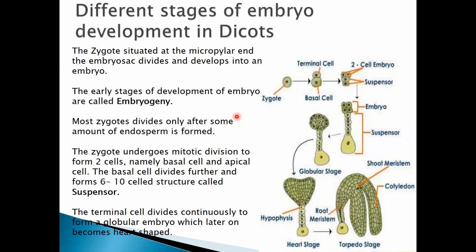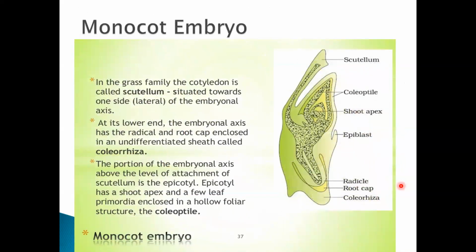So these are the different stages of embryo development. The process is known as embryogenesis, the development from the zygote, where the zygote divides to form the embryo. So these are the different stages of the dicot embryo. Later, we will be studying the monocot embryo as well.